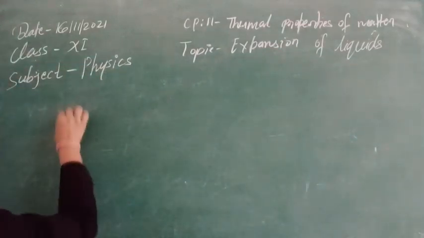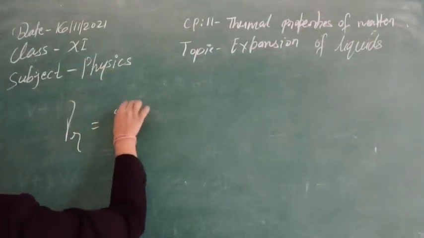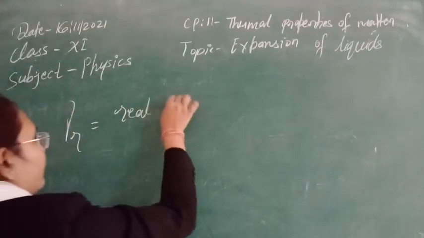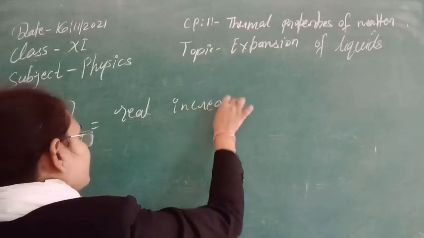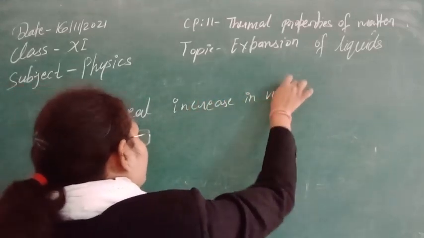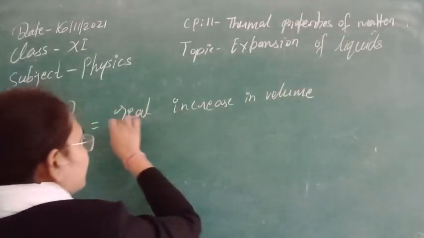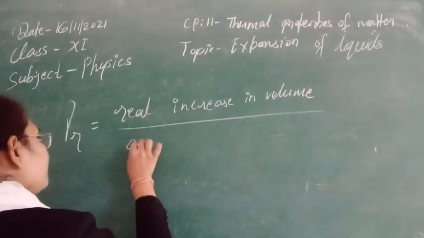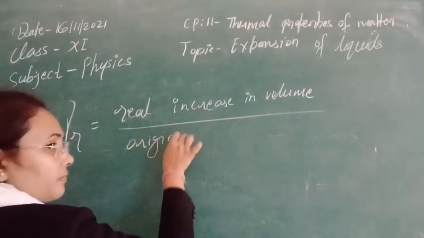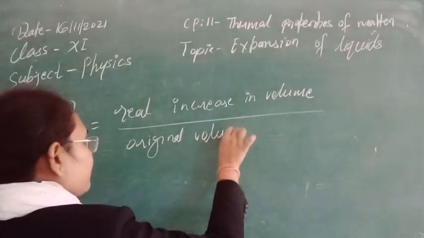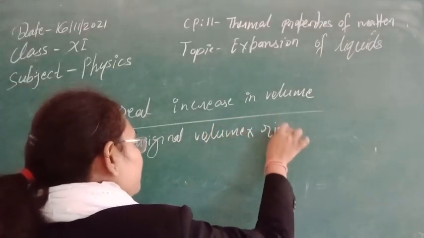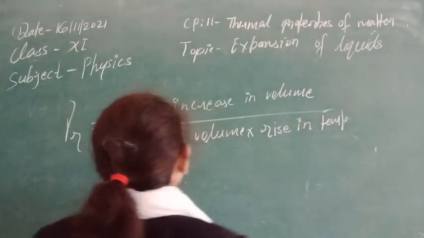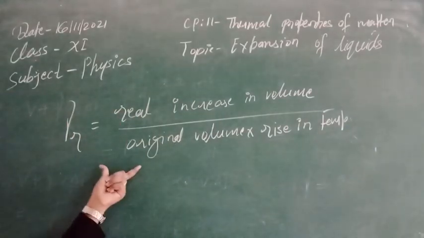So gamma r is the real increase in volume divided by the original volume into rise in temperature, per degree Celsius. So this is called the coefficient of real expansion.